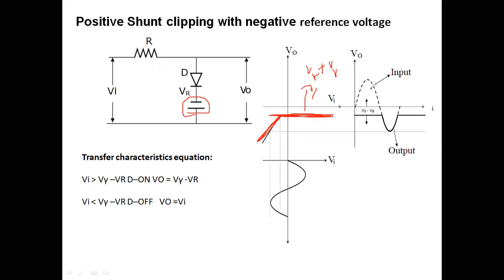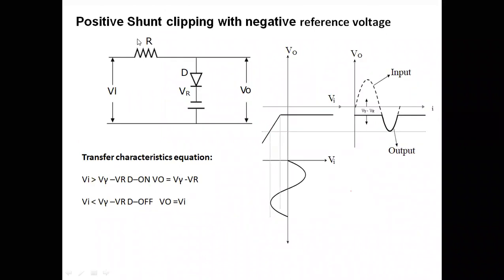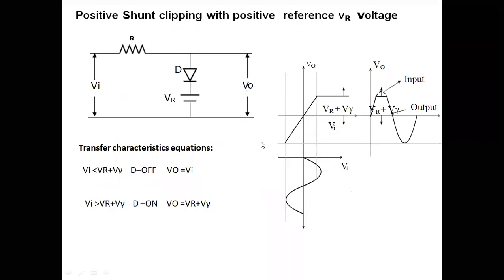We have seen the reference voltage for positive shunt clipper and negative shunt clipper, with positive reference voltage and negative reference voltage, and how the output waveform changes. That we have seen in today's class.